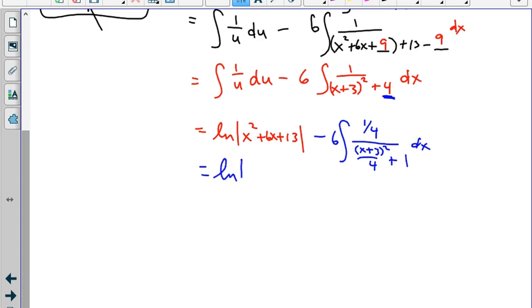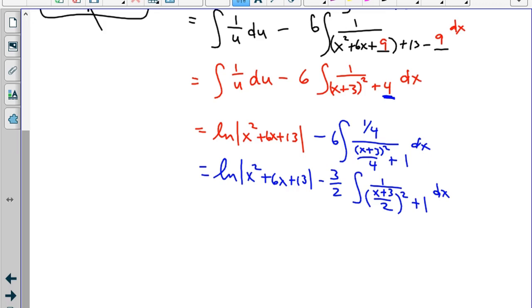So I have the natural log of the absolute value of x squared plus 6x plus 13 minus 6 over 4, which is 3 halves, times the integral of 1 over, I'm going to write this as (x plus 3 over 2) squared plus 1, because 4 is really 2 squared, so I can write that as x plus 3 over 2, the quantity squared.